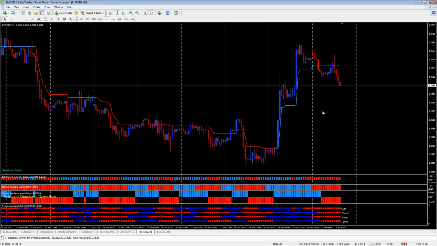For those of you who are a bit more aggressive, again, you don't have to close all the trade. You can close part of the trade when the extreme indicator changes color, or wait again a few more bars to see if the extreme indicator changed color.